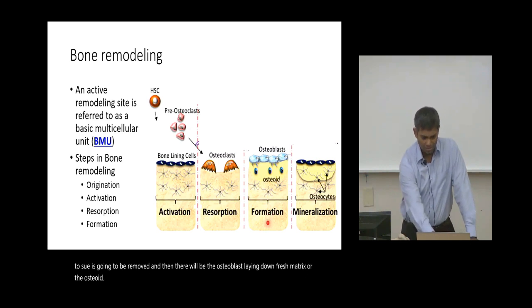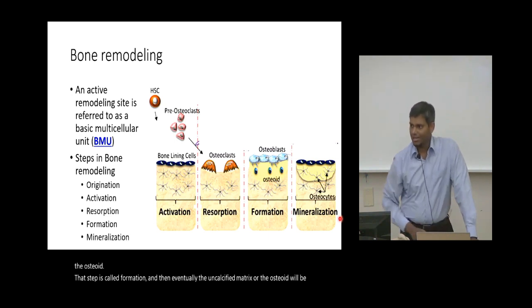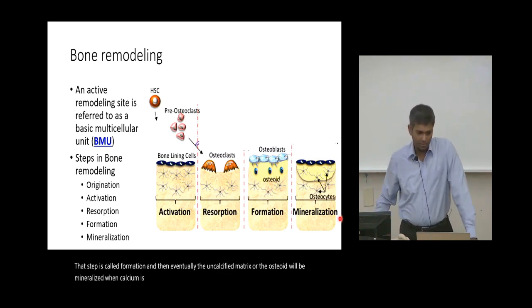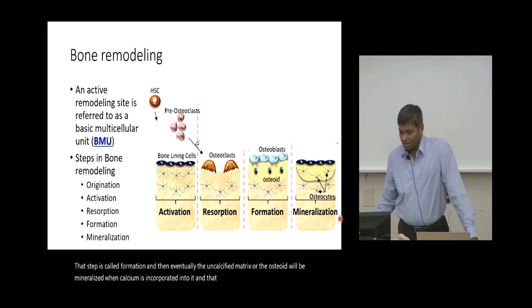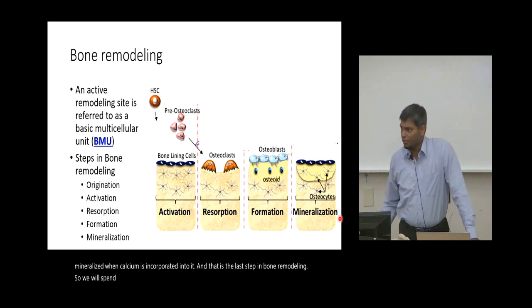That step is called formation. And then eventually the uncalcified matrix, or the osteoid, will be mineralized when calcium is incorporated into it. And that is the last step in bone remodeling. So we will spend a little more time talking about these various steps.